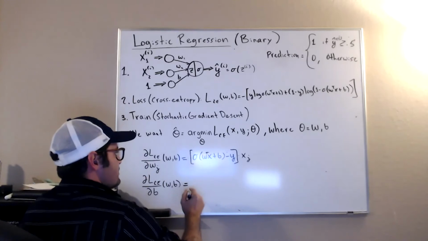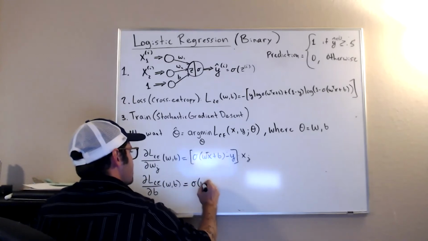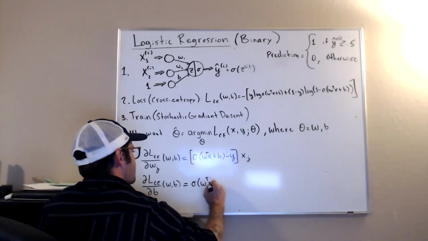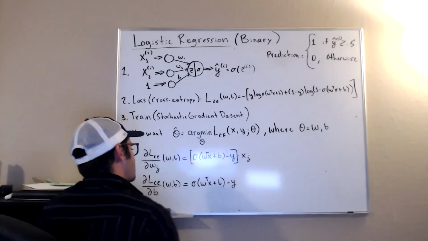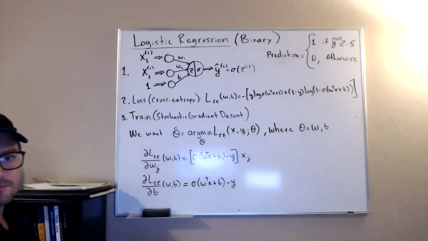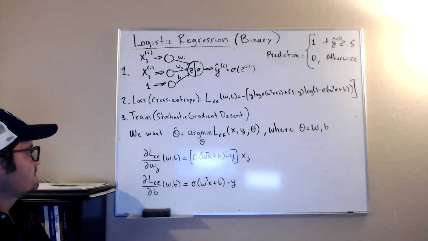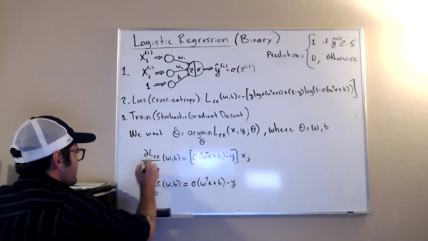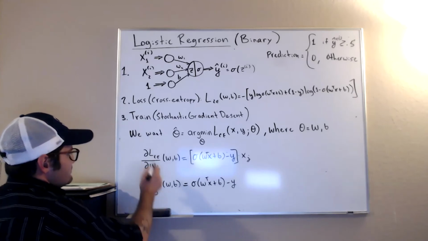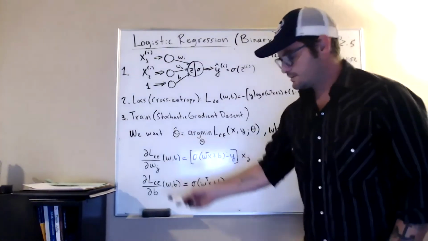Here, there's no coefficient of b, so it's just going to be the inside there. Okay, so this gives us all the information we need to find the gradient now.